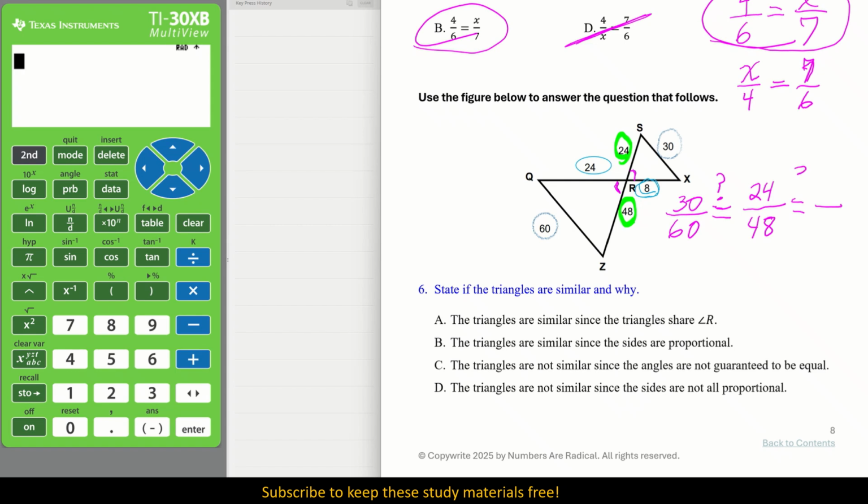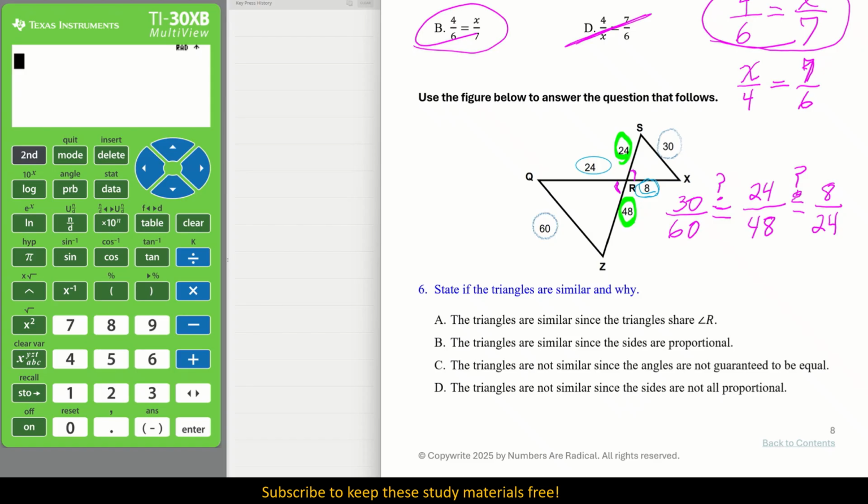And then, question mark, is that equal to? We have a last one, would be 8 over 24. If this is truly two similar triangles, all three of those ratios would be equal.